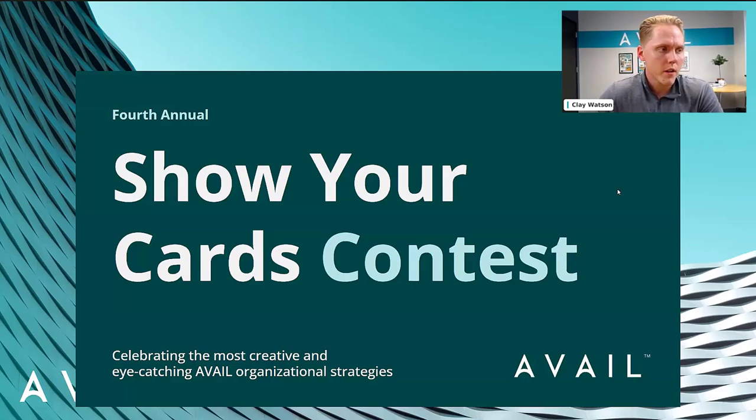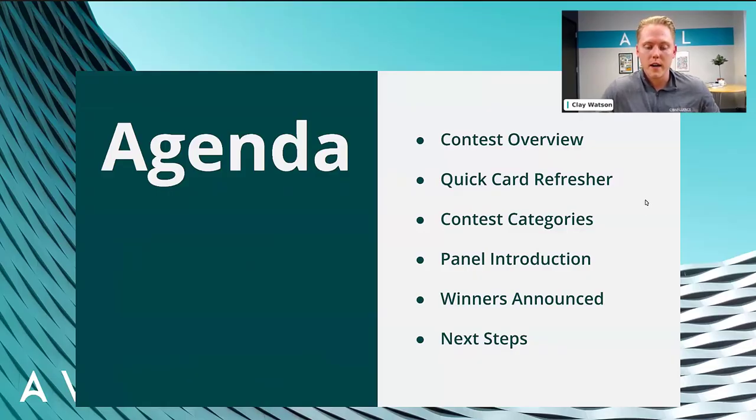So, looking at the agenda again, we're going to talk about the contest. We're going to give a quick refresher on some of the things that we'll be talking about. Talking about the categories, so every year we judge these channel cards and key cards based on three categories. I'll introduce our panel of judges, which is great. Each judge will have their chance to announce a winner for each category.